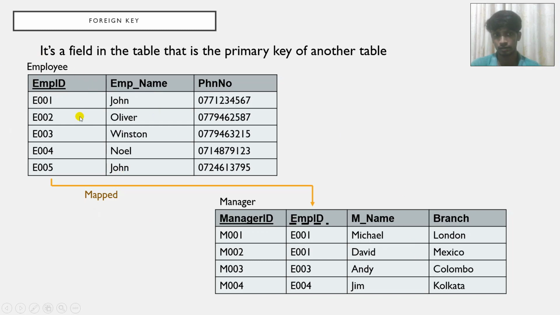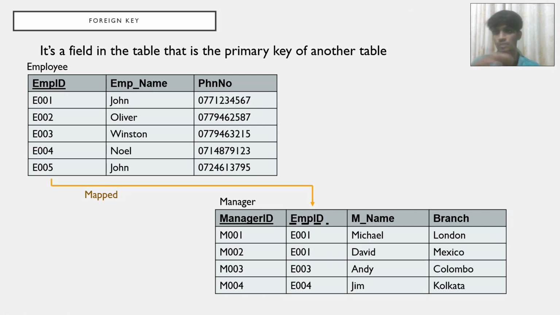So this is the primary key of this table, but when it comes to this table, this is not a primary key, it's a foreign key. So a foreign key means basically a primary key of another table. It's not the primary key of this table, but it's the primary key of another table. So in the manager relation, employee ID is the foreign key, and in the employee table, employee ID is the primary key.